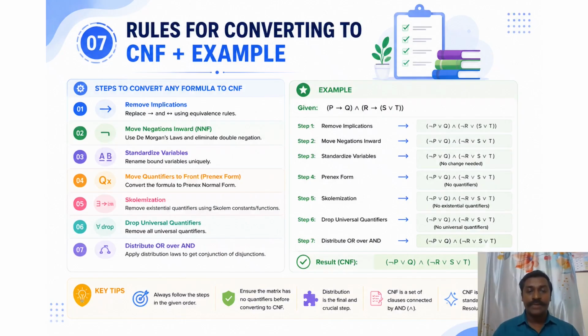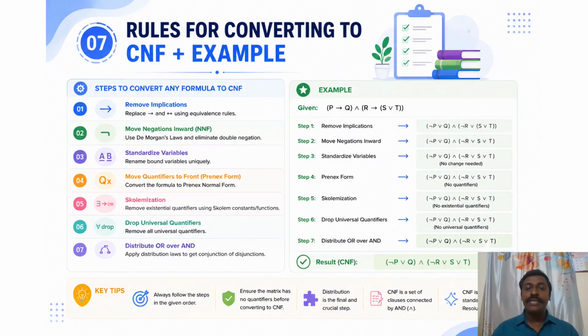Move quantifiers to the front, and then we have to do the Skolemization, that is, remove the existential quantifiers and replace them with Skolem constants or functions, and then drop the universal quantifiers and then distribute OR over AND to make it conjunctive normal form. So to do that, we have to learn Skolemization also. But now let us see the rules.